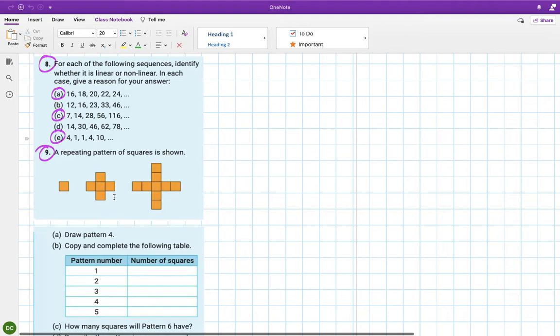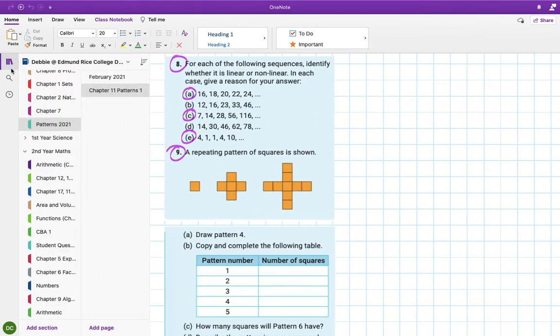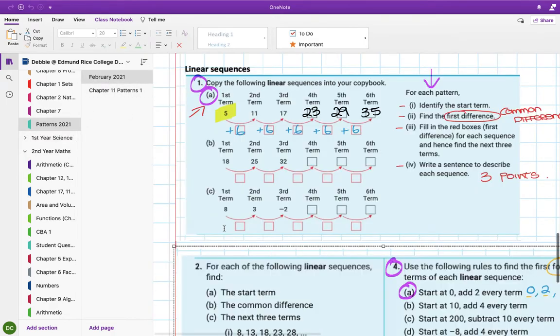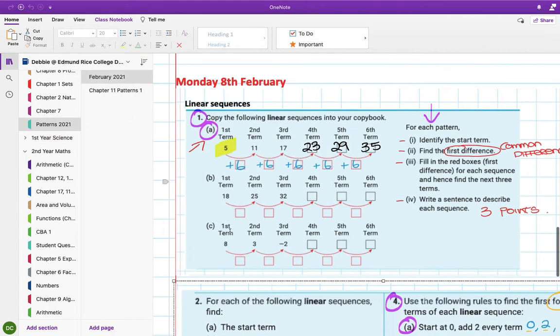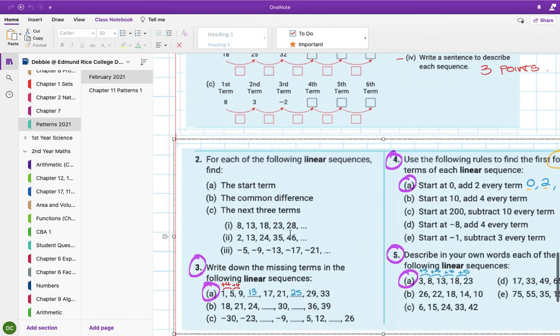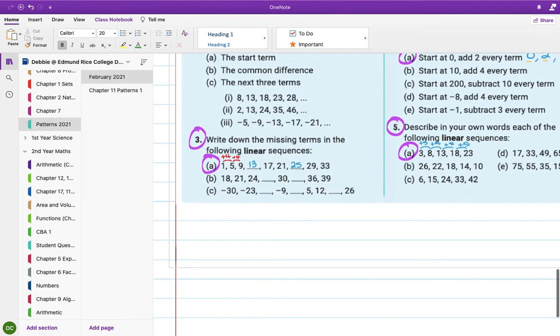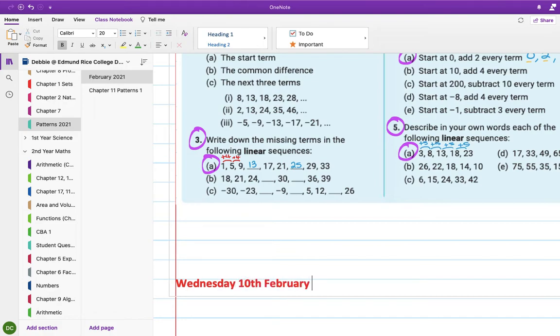Can I get up? No, I can't. Okay, I'll snip these over. So this is linear and where's the homework? Here. So Wednesday, the 10th, linear and quadratic sequences.